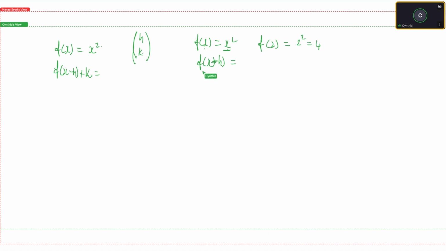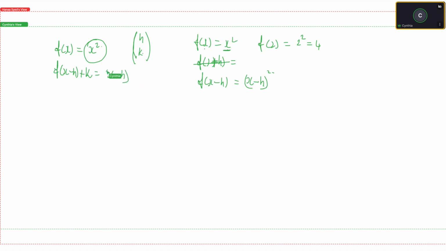The same way, if I'm asking you to do f of x minus h, it would be x minus h squared. f of x minus h equal to x minus h the whole square. So your equation, this x square function, will become x minus h the whole square plus k.